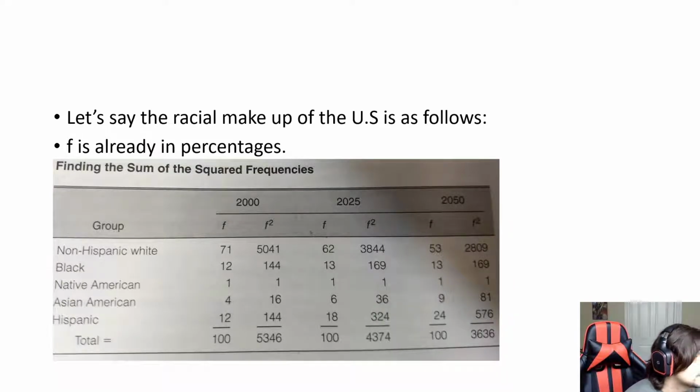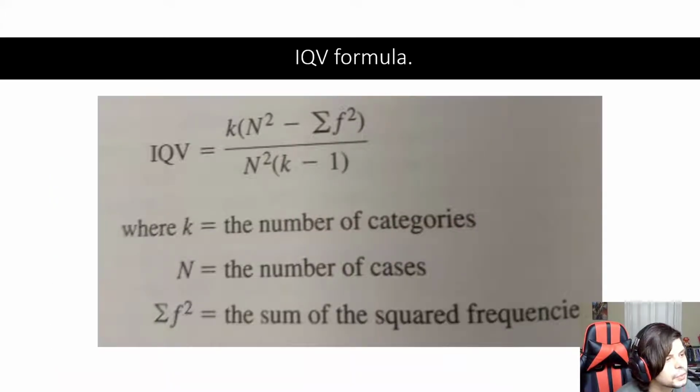So you got 71 non-Hispanic white, 12 black, 1 Native American, 4 Asian American, and 12 Hispanic, which is a total of 100. So it's just kind of doing the sum of squared frequencies there. But that's just how you would do that. I'm just going to give you an Excel page so you can calculate it automatically and don't have to worry about it too much.